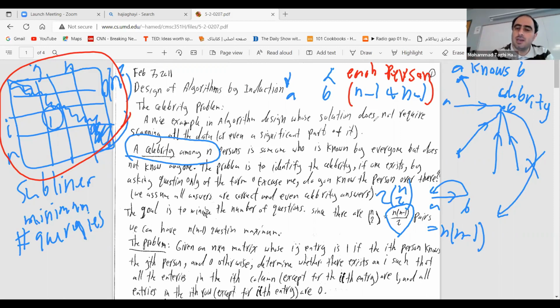So it would be n times order 2n minus 2, which is order n square. That is not a very good running time.